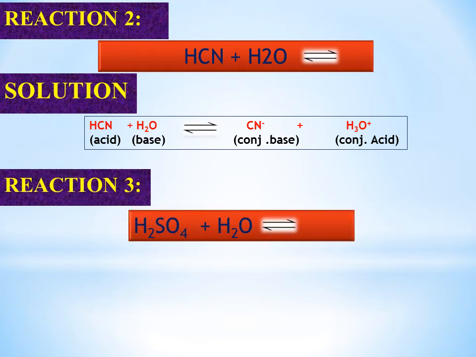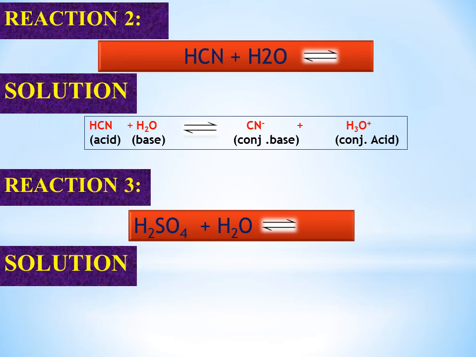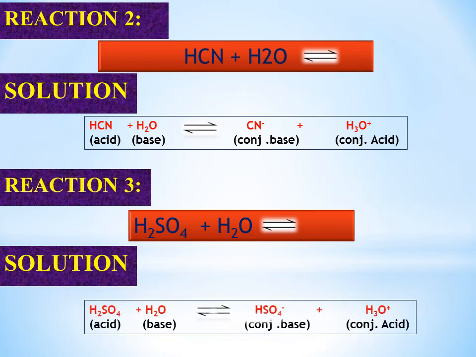Reaction number 3 is the reaction between sulfuric acid and water. As you know, sulfuric acid is a strong acid, so it means it will give a proton to this water. Look at this reaction. When sulfuric acid reacts with water, it will give the conjugate base, hydrogen sulfate ion, and the conjugate acid of this water, which will be the hydronium ion. Why?